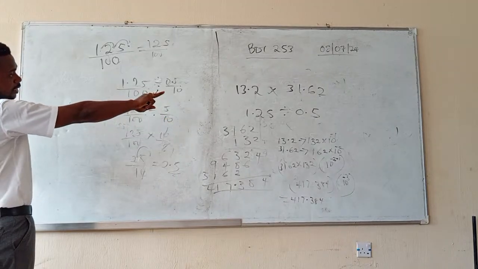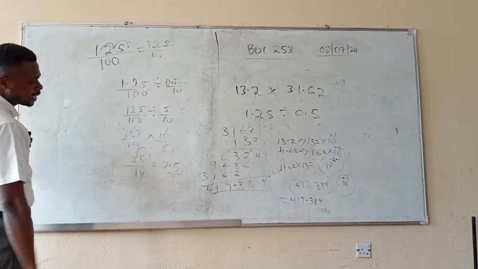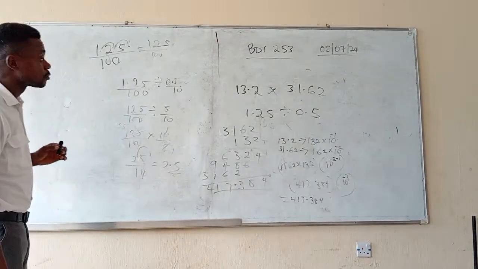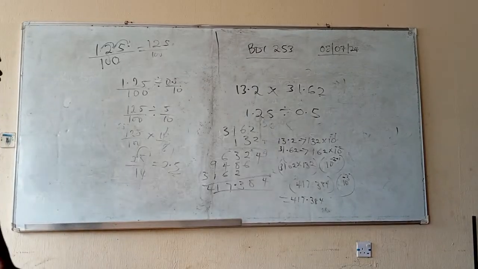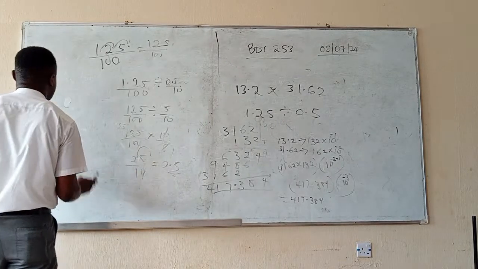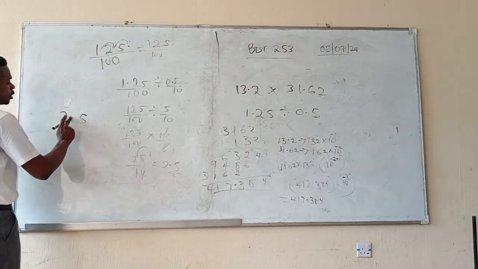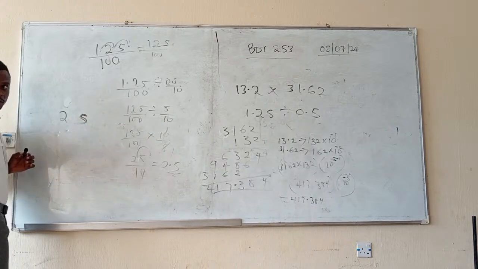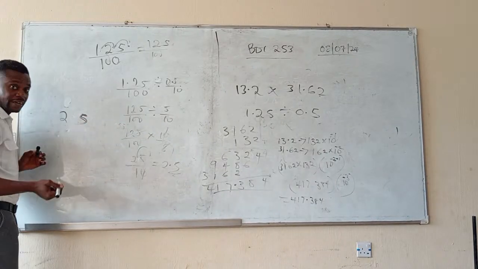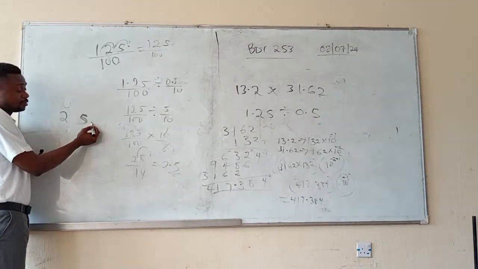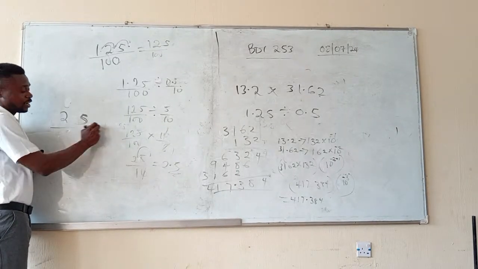Let's see. Here is 2.5, here is 25, right? There's an invisible decimal point here, right? Good. You put your fractional line.